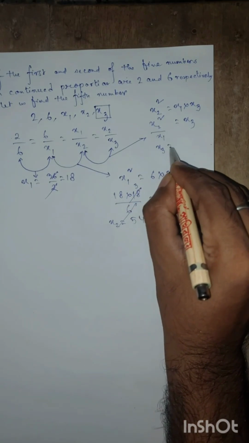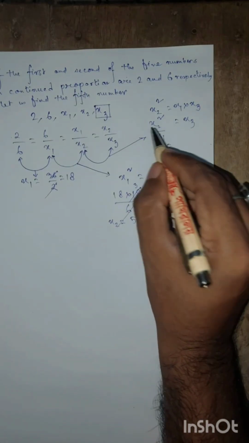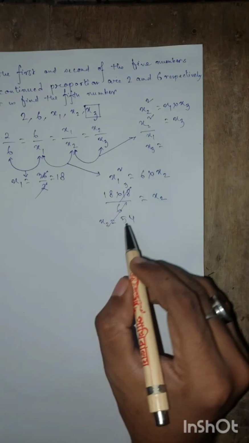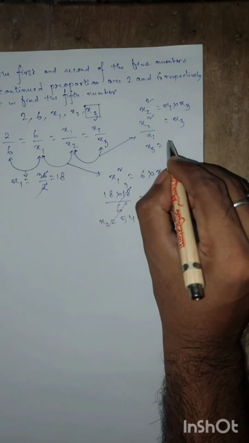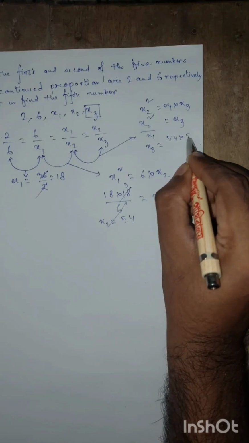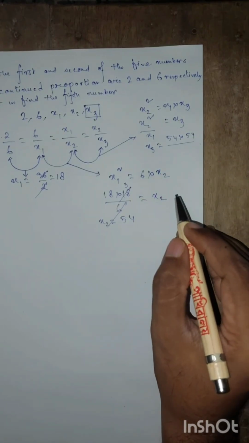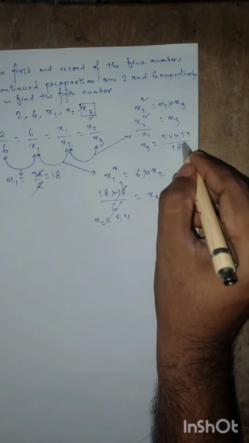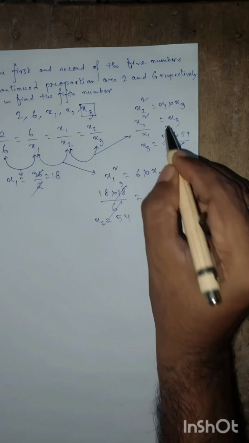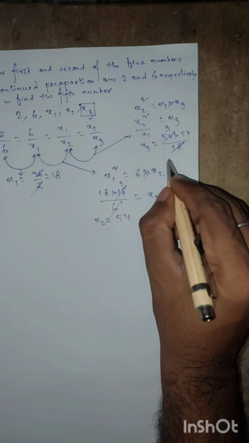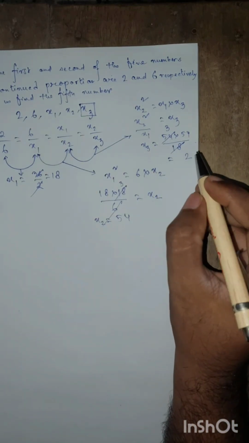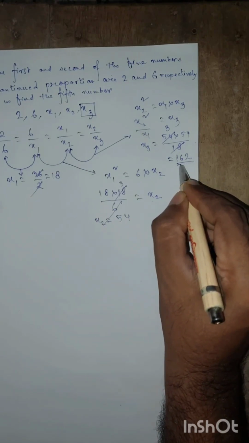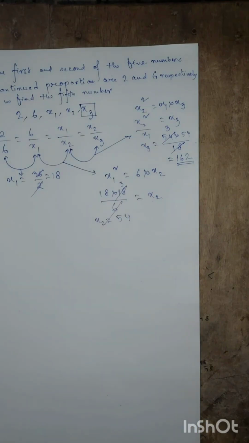So x3 is equal to x2 square, that means 54 into 54 by x1, that means 18. So this is the value of our fifth number, 162.